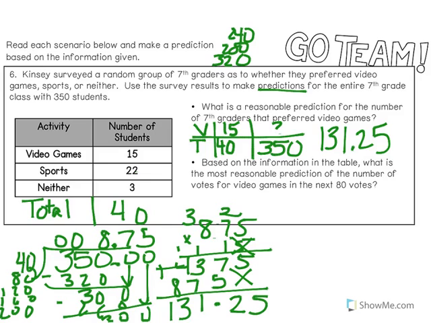Now, a person can't be a decimal. So when they're asking for a prediction, you could either predict 131, since .25 is less than half, or since it is still part of a person, 132 is a good approximation. Okay?